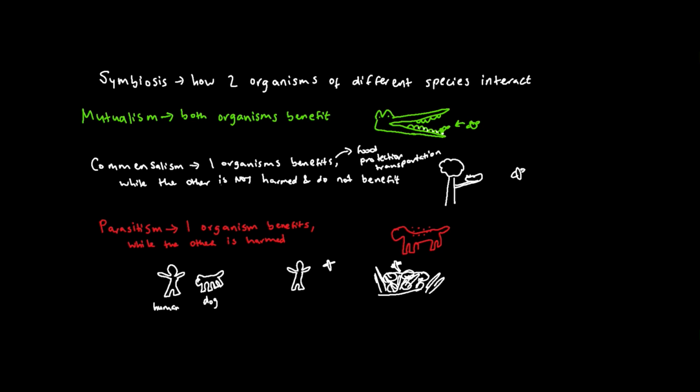So, of these three relationships, the interaction here would be mutualism, because the dog here benefits by getting shelter, food, and medicine from you. And you benefit by getting, let's say, security from the dog, you get companionship from the dog, and you might even get a good workout, taking the dog out for walks, that sort of thing.